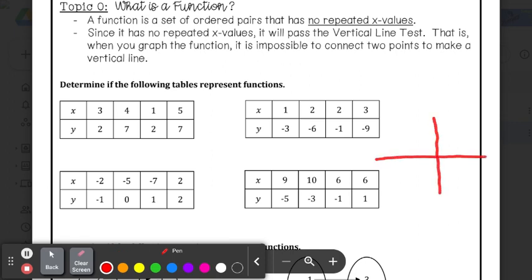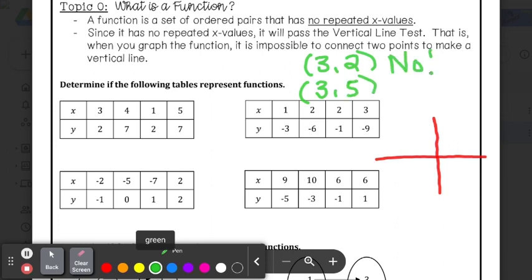If you have a point, let's say I have the points (3, 2) and (3, 5). This is not a function, and the reason why is that these x values are not unique.